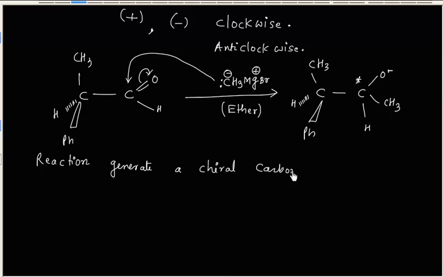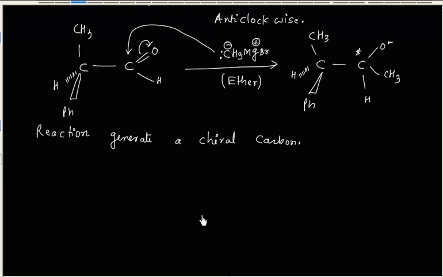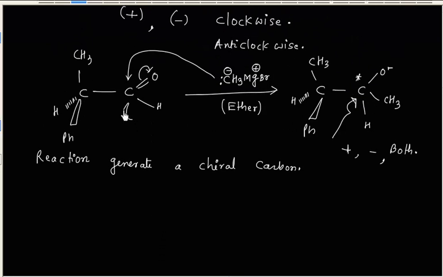Now the question is which isomer will be formed at this carbon, either plus optical rotation or minus optical rotation, or both will be formed in equal amount. This can be answered by looking at the orbital picture of this molecule. So this carbon is sp2 hybridized and planar in shape.